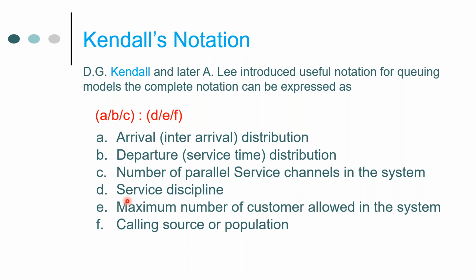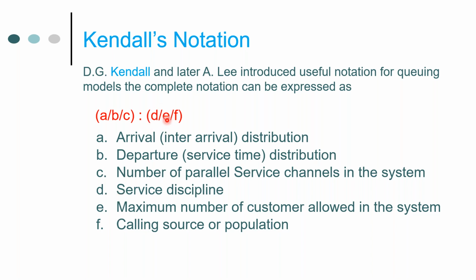There are some rules like first come first served basis, which means the person who comes first at the service station will be served first. Or there are other bases like general service discipline or random order service discipline. This will be represented by D.